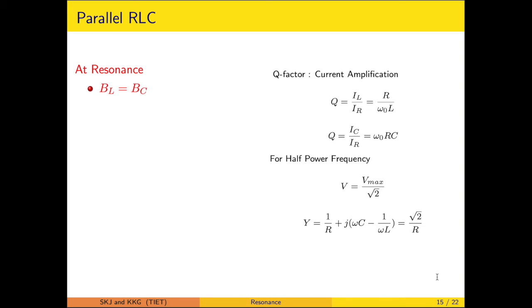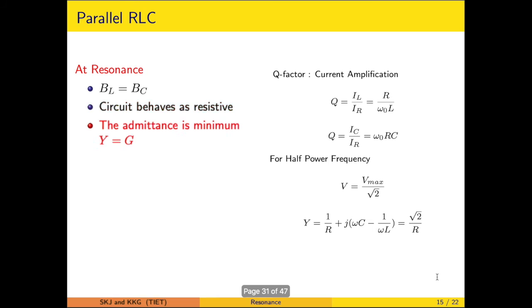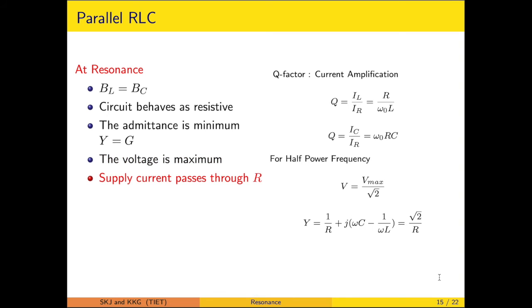So as a summary of the few salient points, at resonance BL is equal to BC, and the circuit behaves as resistive, as we have seen in case of series RLC. The admittance is minimum, the voltage is maximum, and that value we have calculated as IM into R. The supply current passes through the resistance, and the current IL will equal IC.